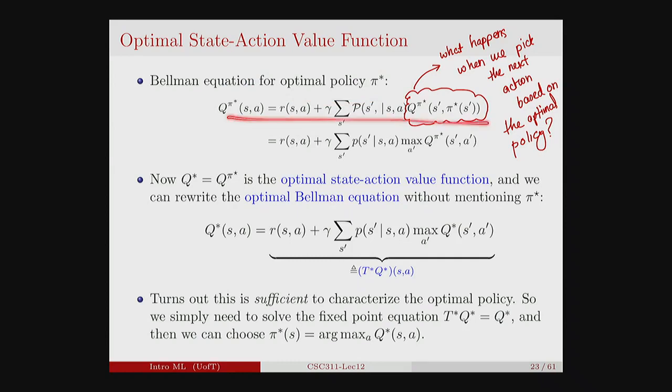So this is what we started out with as our relationship. And you'll notice this term at the very end here. What this term is saying is that you are in state S prime, and you're going to take some action A prime. What action should you take? You should take action A prime corresponding to pi star of S prime, where pi star is the optimal policy. And now, when you look at what Q pi star is at S prime and pi star of S prime, well, that's just the max over A prime of Q pi star of S prime and A prime.